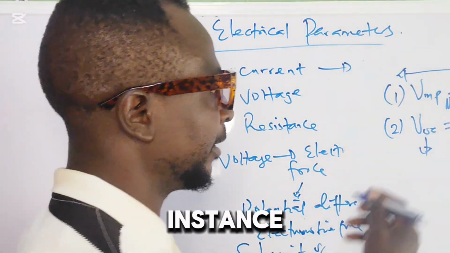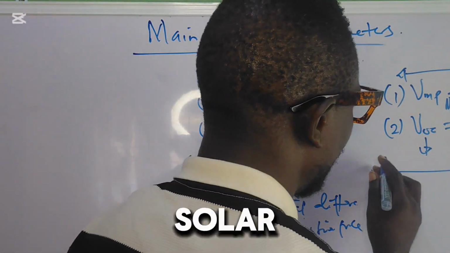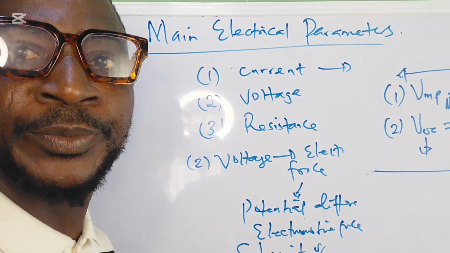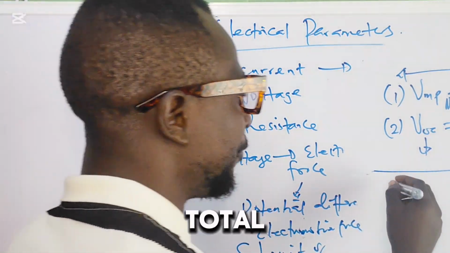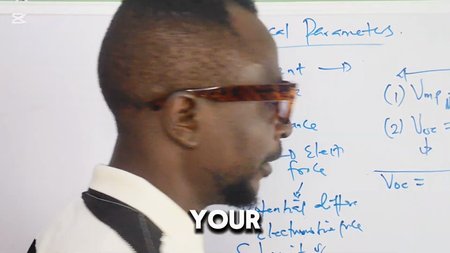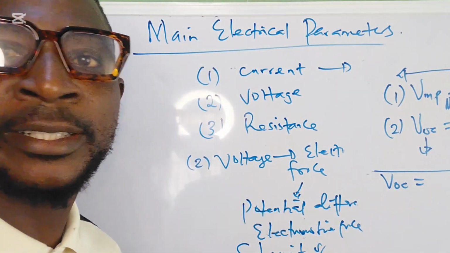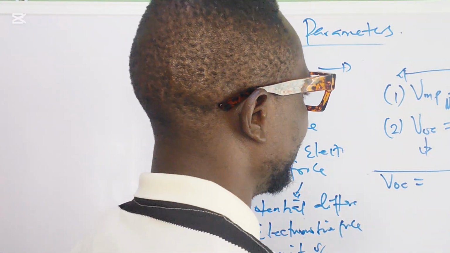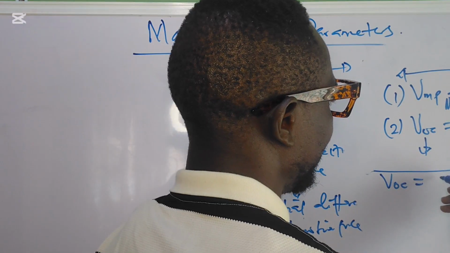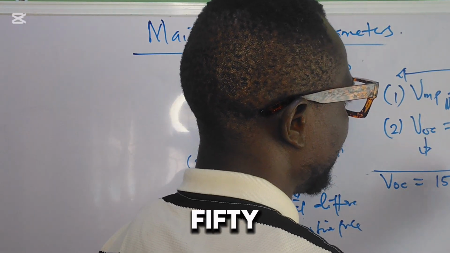Let's say, for instance, you connect a solar system and the total VOC, or your net VOC, is let's say 150 volts.